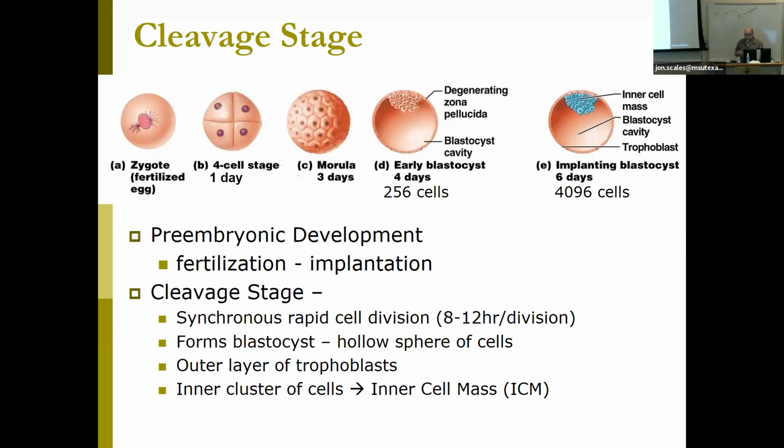So somewhere between day 4 and day 6 is the optimal window for implantation. So if fertilization occurred and the egg was up in the fallopian tubes, you have 2 or 3 days for the embryo to start to travel down the fallopian tube and get to the uterus where it can implant.